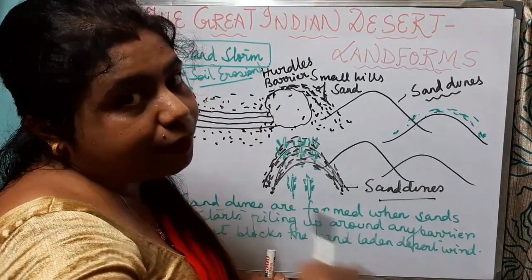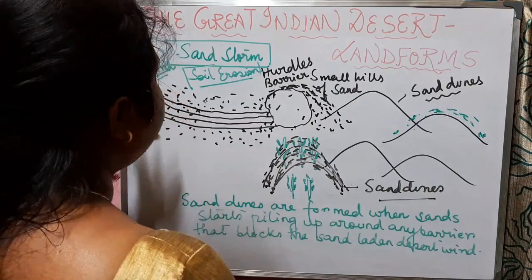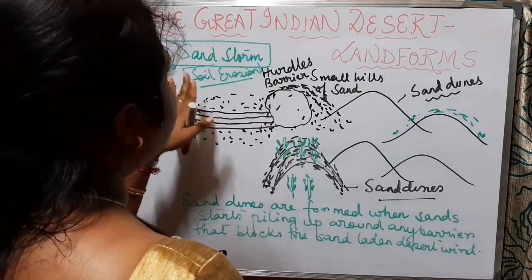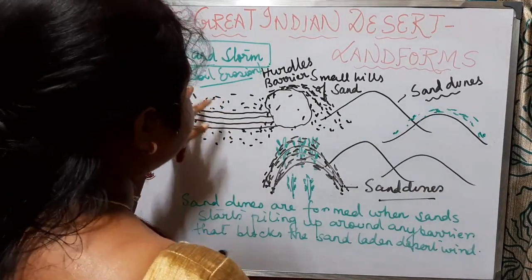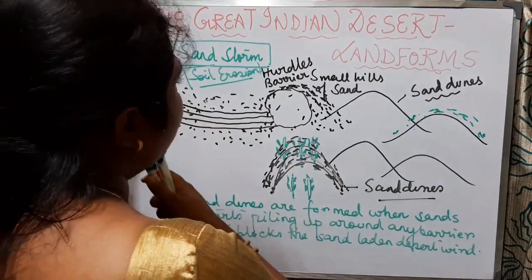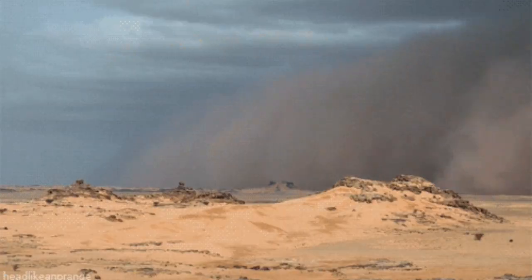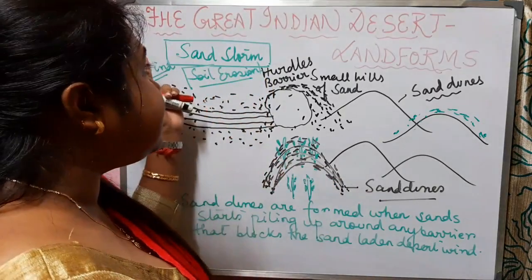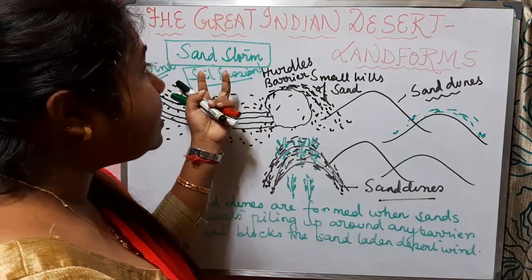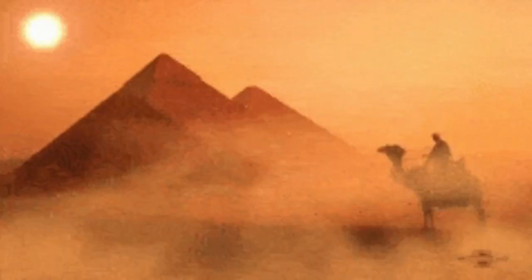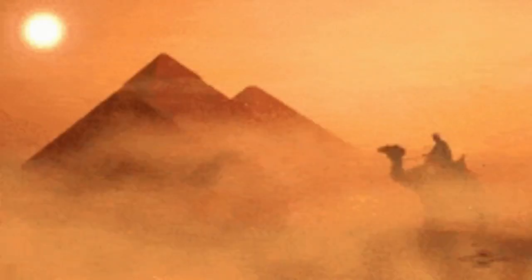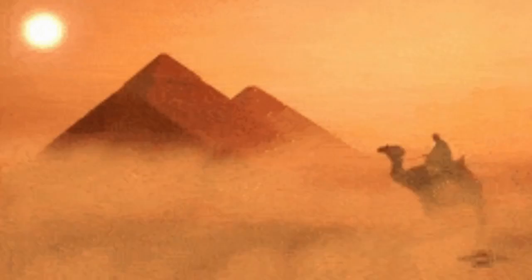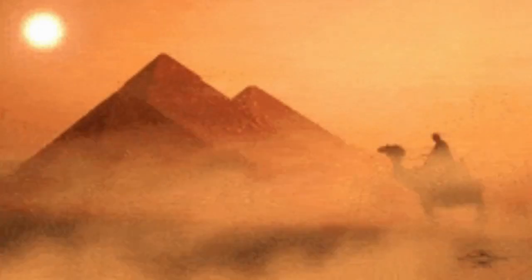Removal of the upper layer of the soil is called soil erosion. So wind can also cause soil erosion, and sometimes when the hot strong wind blows very fast, they carry a lot of sand and this causes a sandstorm, and they can travel thousands of miles. So you can understand how fierce the movement of the wind is.